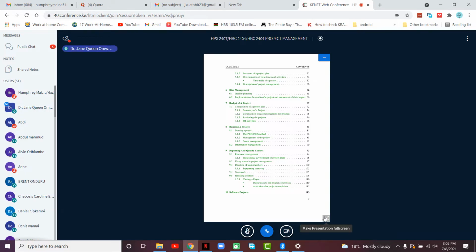If you don't want a swali, then risk management, I was just looking at risk management. We're just going to look at quality planning and implementation, and it's very short. Can we finish risk management, or we will do risk management and the budget of a project at the same time? Any suggestion?